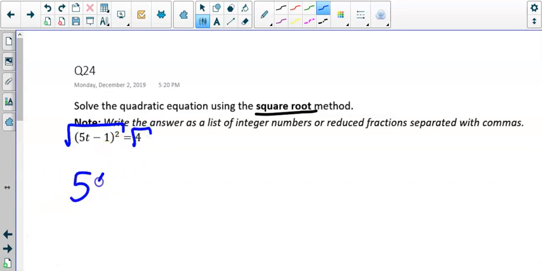So, we got 5t minus 1 equal to what? No! I told you not to forget this. Say it again. No. I said, do not forget this in front of the answer. Plus and minus.